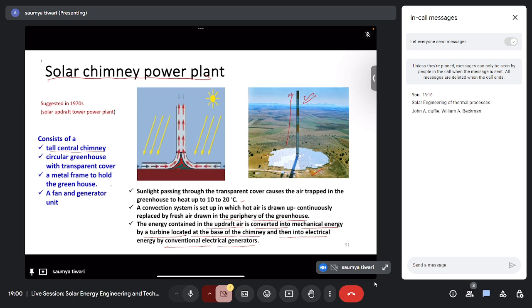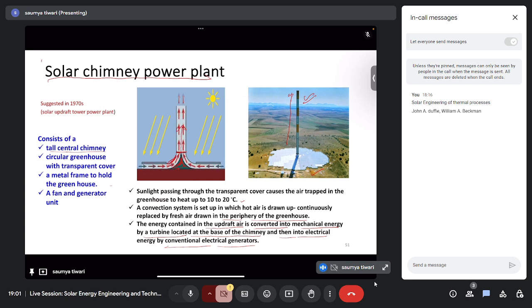What happens is that sunlight passes through this transparent cover, and the air trapped inside the greenhouse gets heated. Due to natural convection, this air rises upward, and we are also using a fan and generator unit, which will suck the air.